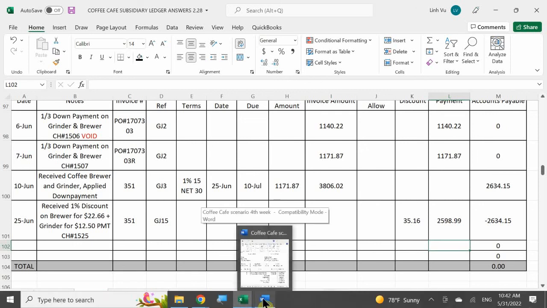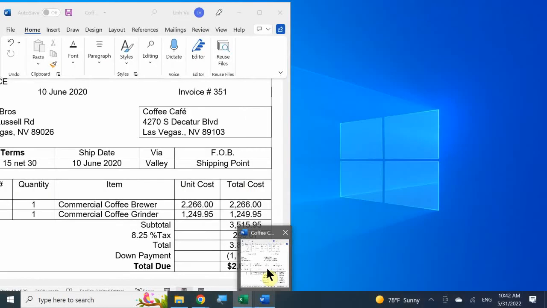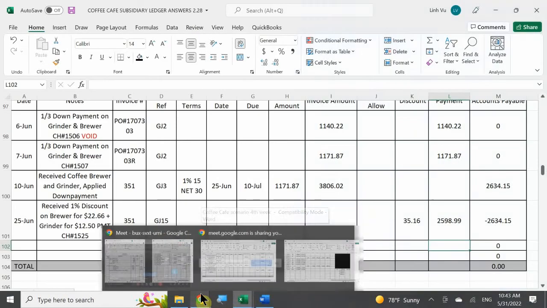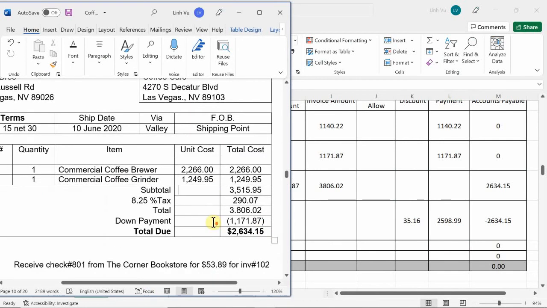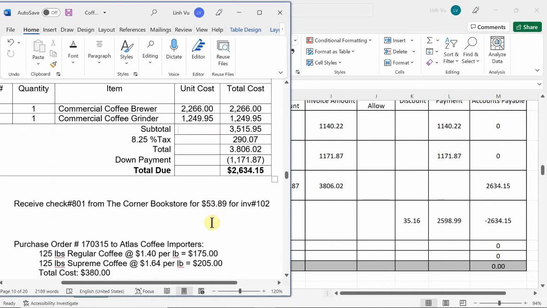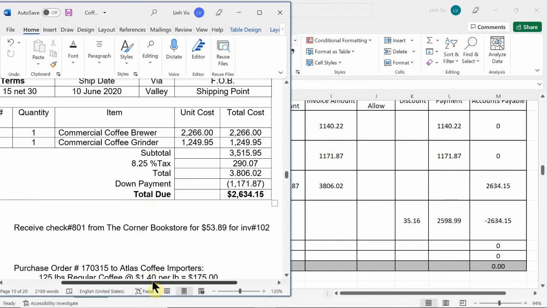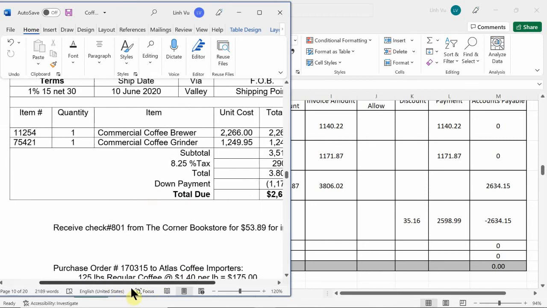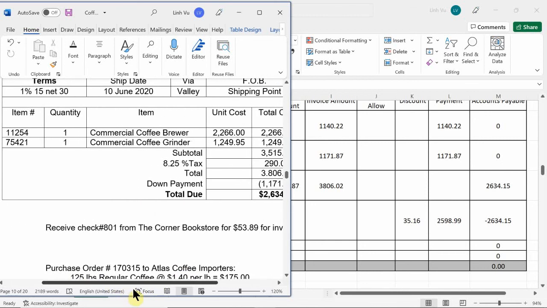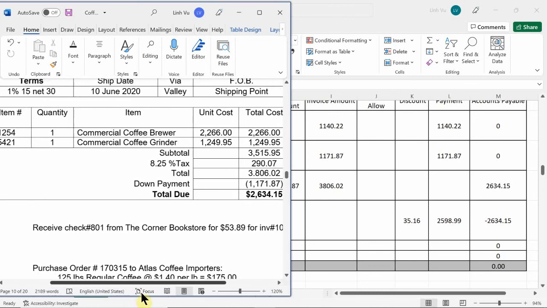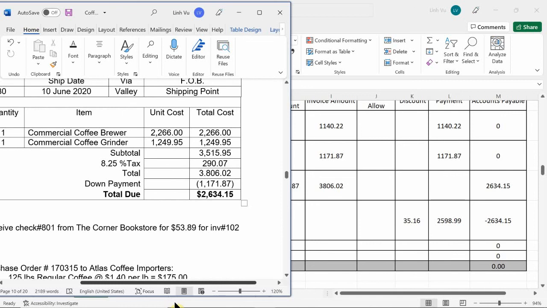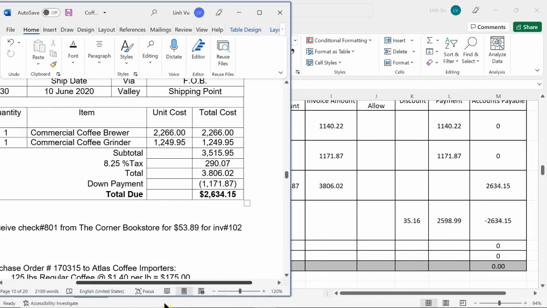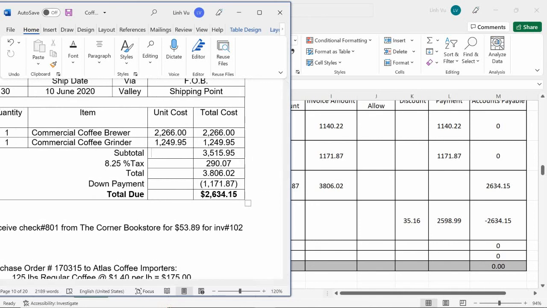Okay, so let's see what is next. We end up receiving a check number 801 from the corner bookstore for $53.89 for invoice number 102. Okay?